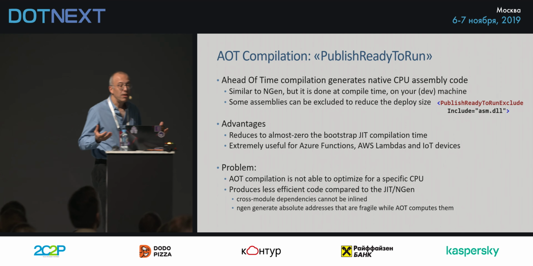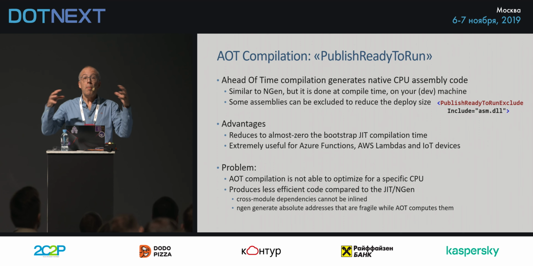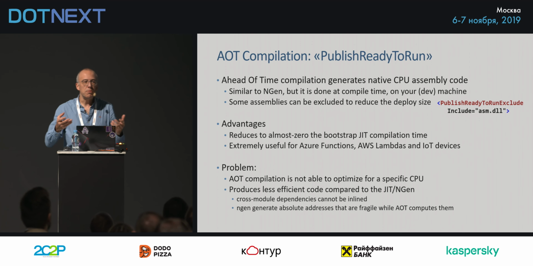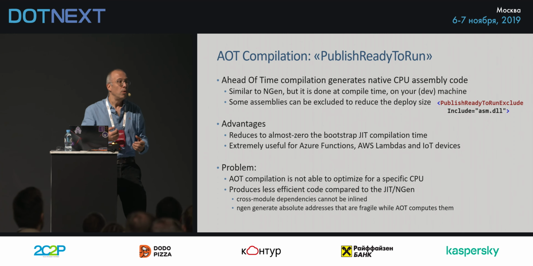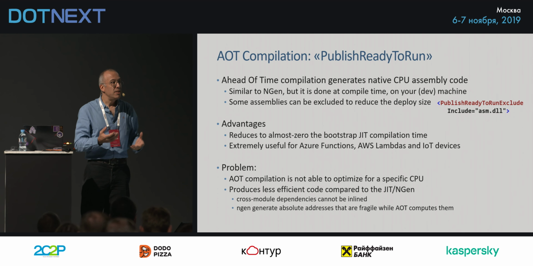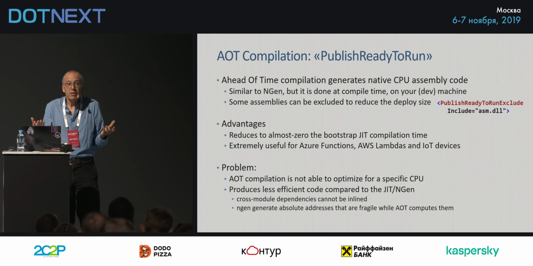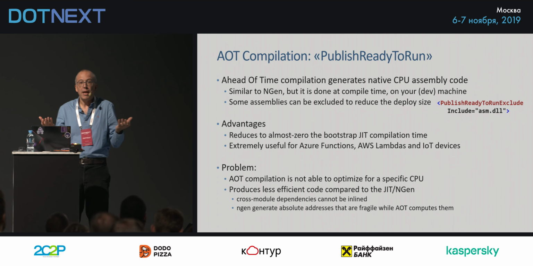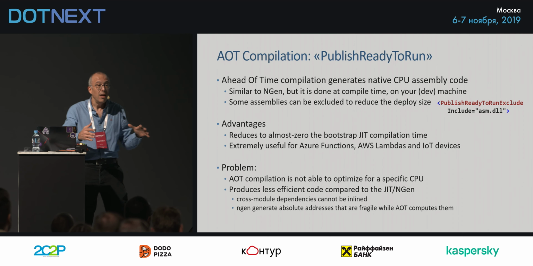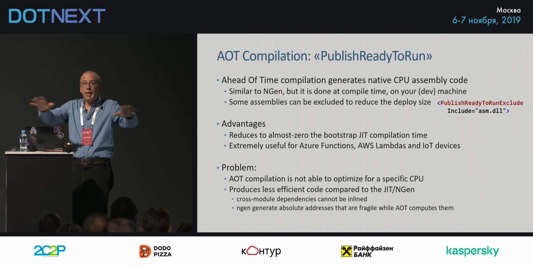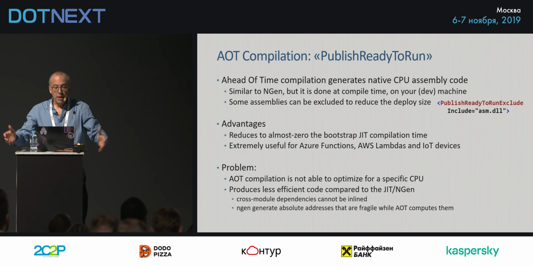It means that it will be produced on my PC without knowing if your PC is better, maybe has a better CPU, has many other optimizations that can be done at runtime. And so I have to say, no, I cannot say anything. I have to take the worst possible case and compile so that it can run everywhere, okay?